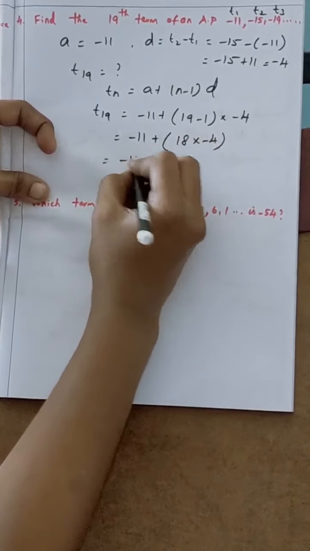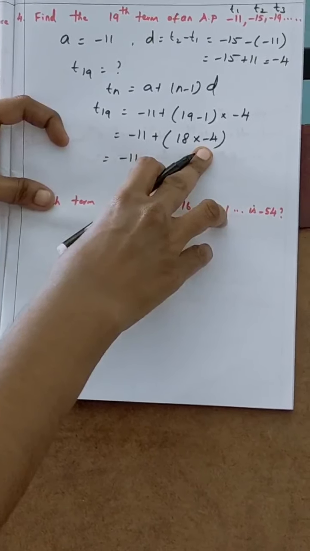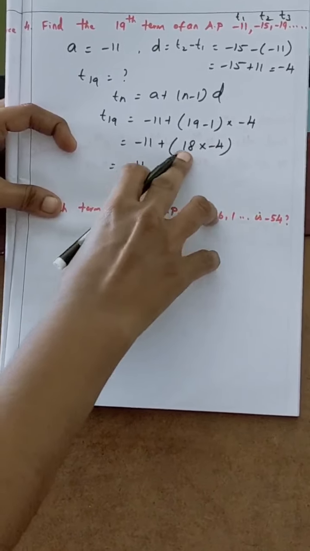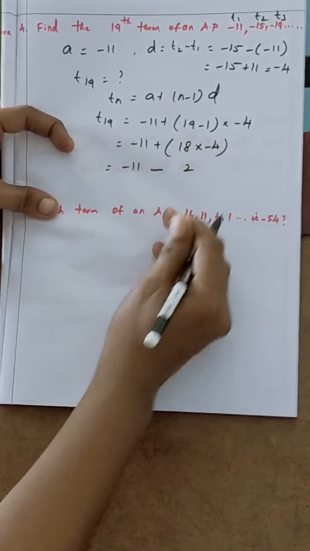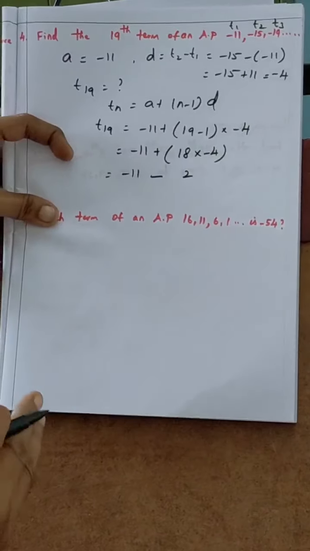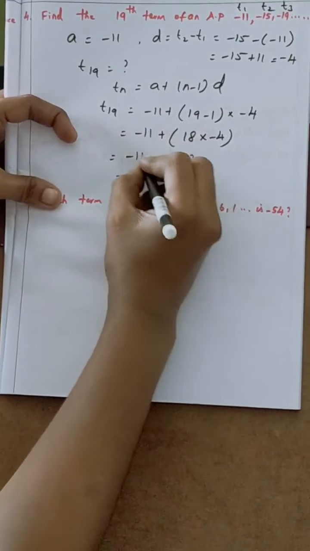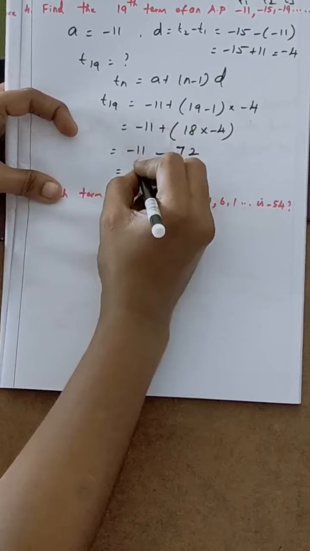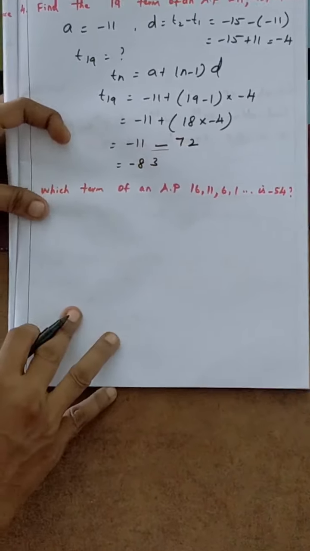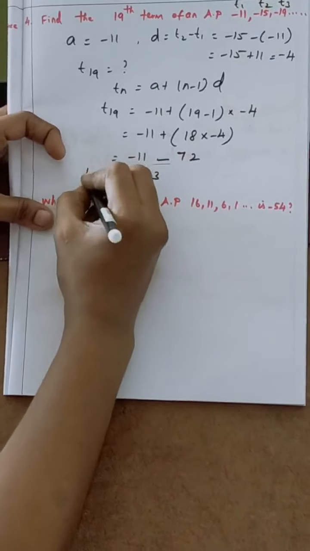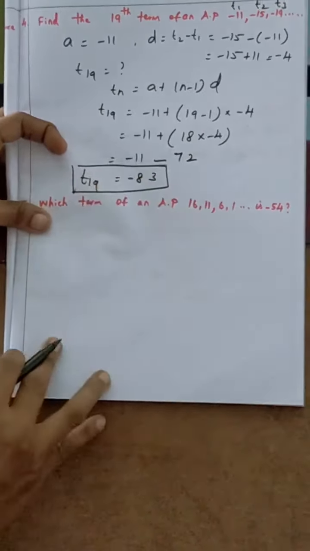Minus 11, so inside the bracket, minus 8 4s are 32, balance 3. 1 4s are 4. 4 plus 3 is 7. Add the terms, 2 plus 1 is 3, 7 plus 1 is 8. The sign is the same minus symbol only. So T19 equal to minus 83.